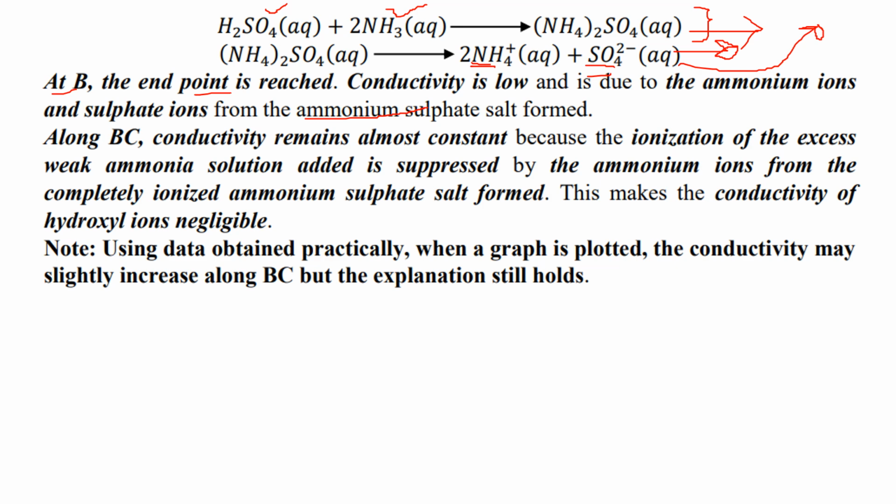So looking at the point BC, where our conductivity remains almost constant, it is because of the ionization of your excess weak ammonia solution. Now here we are going to go back a bit to ionic chemistry.